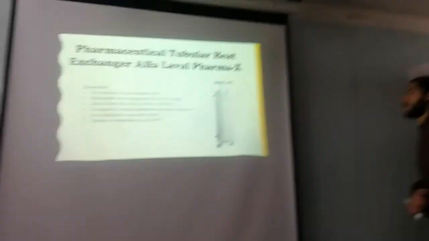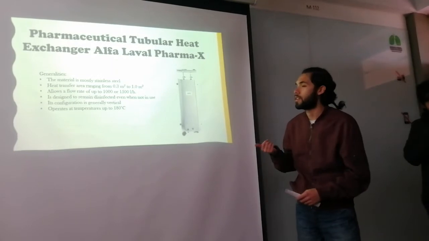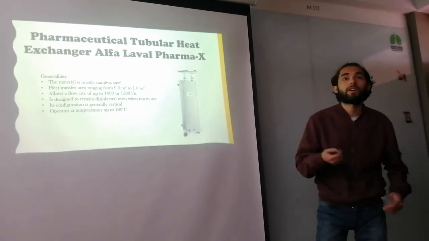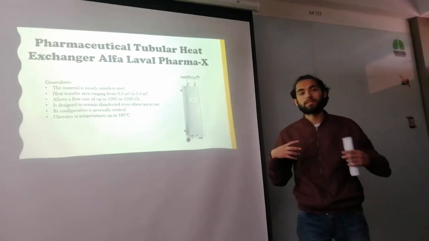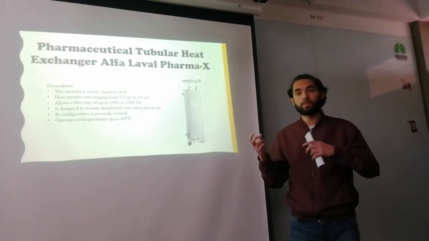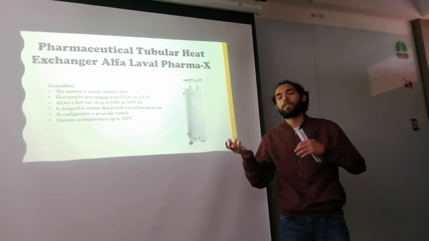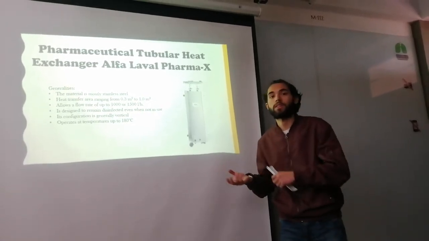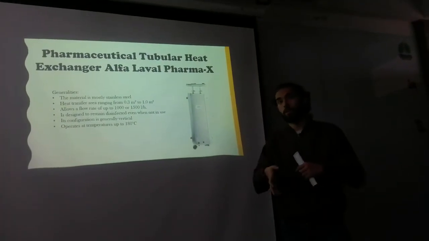Okay, this is another pharmaceutical tubular heat exchanger. The Pharma X tubular heat exchanger is a compact tube-in-tube model developed for heating and cooling pharmaceutical waters. It is designed to remain disinfected even when it is stained by mold.